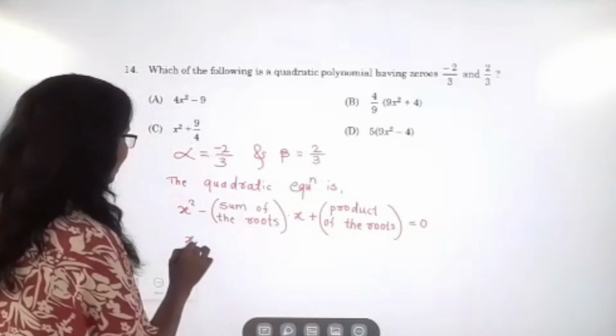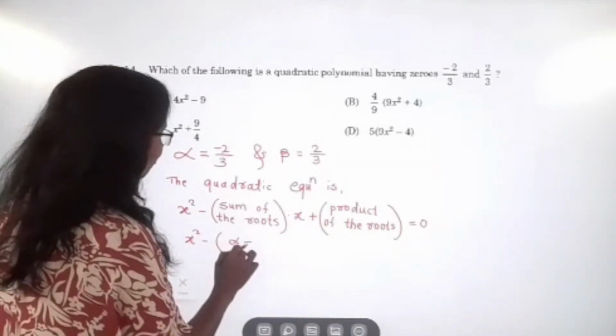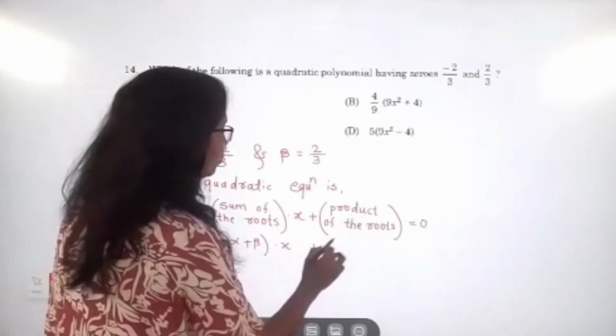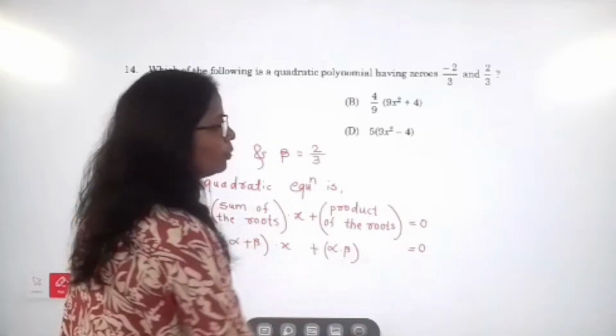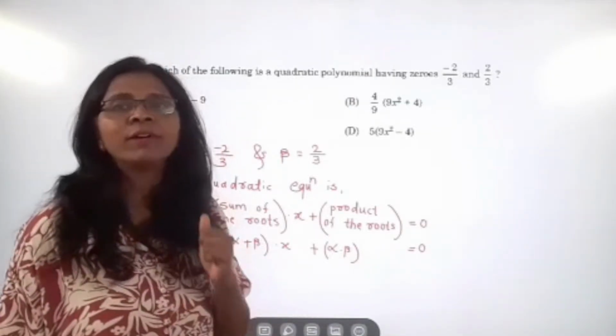So now, students, x square minus (alpha plus beta) multiplied by x plus alpha into beta, which is equal to 0, where the sum of the roots is alpha plus beta and the product of the roots is alpha into beta. So now, students, we first have to calculate alpha plus beta and alpha into beta.